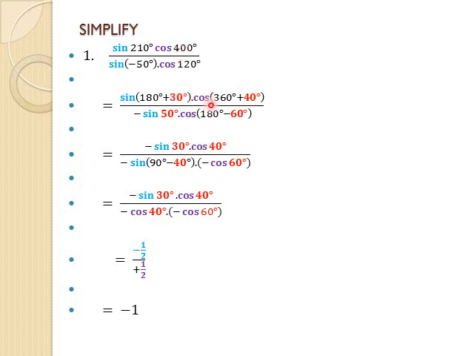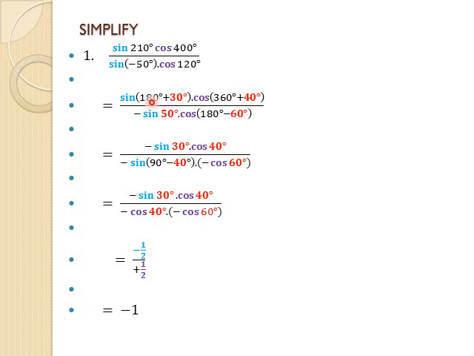Cos 400, there I'm taking 360 away because it's bigger than 360, so 360 plus 40. Sine negative angle falls in the fourth quadrant, and in the fourth quadrant sine is negative, so that simply becomes negative sine 50, and 120 would become 180 minus 60 gives me 120. You see they have brought 30 and 60 in, they are my special angles.